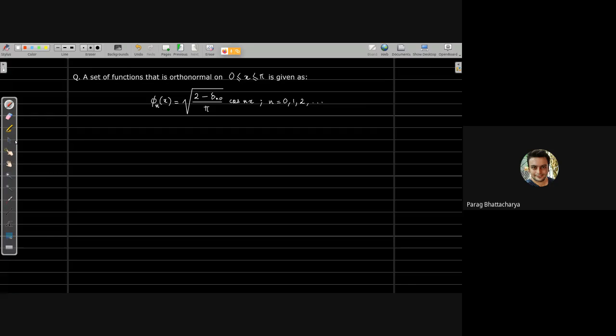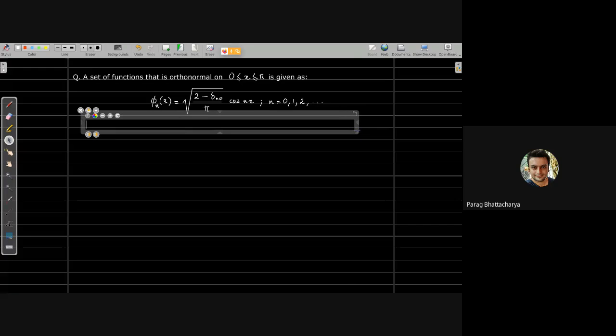So here we will need to expand two functions actually.